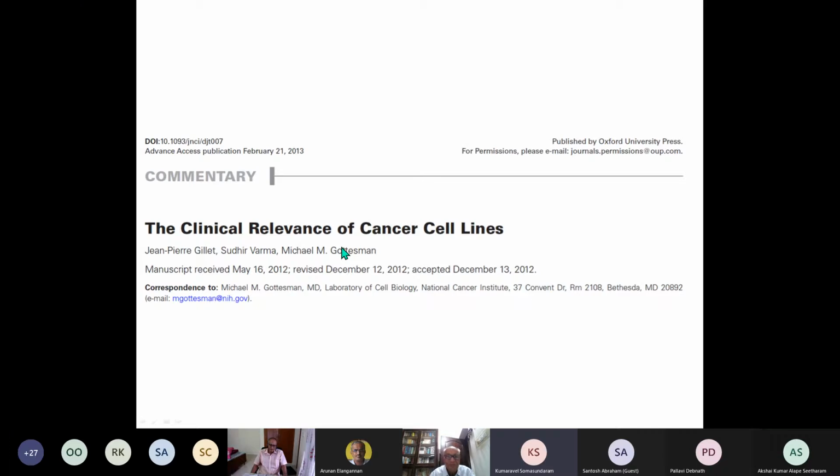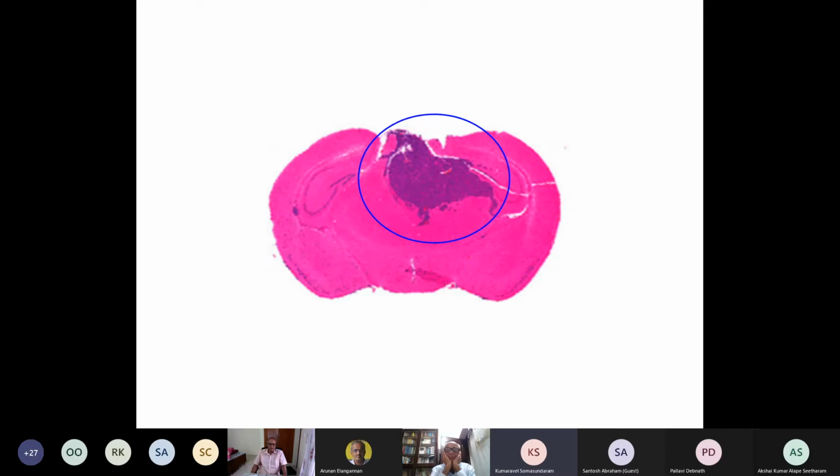But very often the successes have never been translated to human patients. When they try to apply to human patients, many of those discoveries have failed. There are many reasons why they have failed. One of the reasons I want to show you here is a cross section of a brain, and the cellular area, what you see here in the darkly stained cells, which is encircled here, shows the presence of a brain tumor.